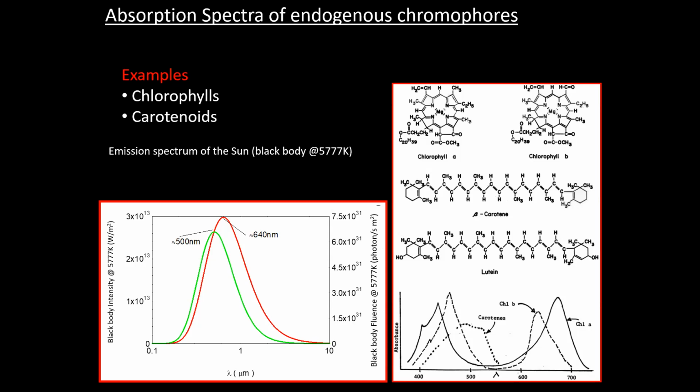A molecule must absorb a photon. So the classical intensity is not important. What is important is the number of photons you get per second. Okay? So the chlorophyll is optimized to match the fluence of the sun and not the intensity.